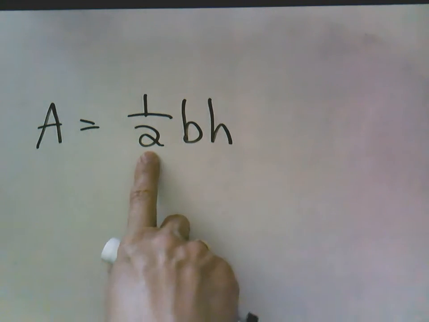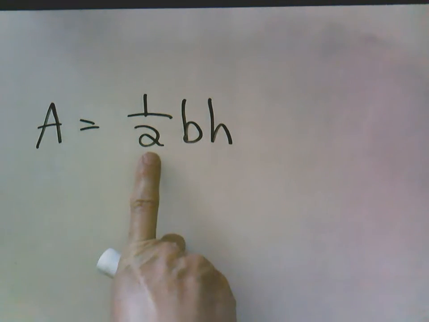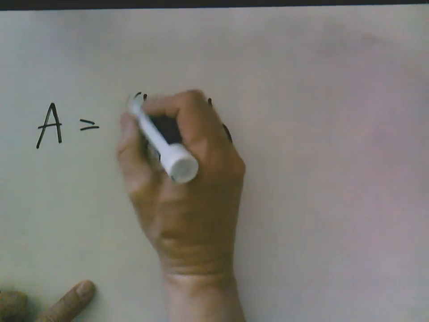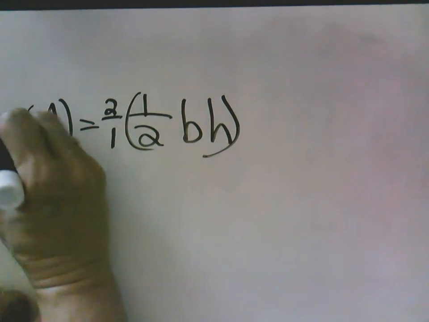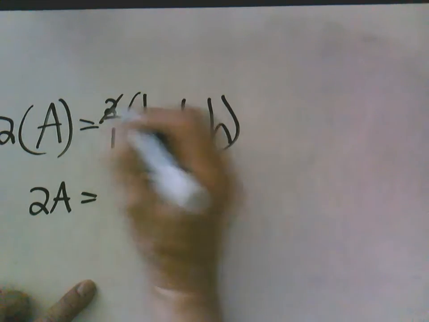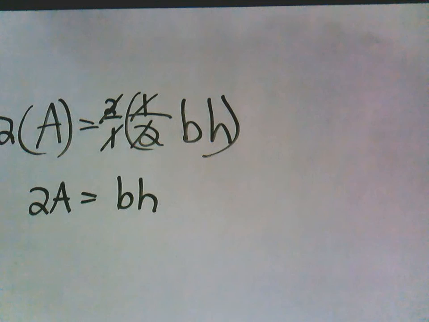We get rid of fractions by multiplying by the common denominator. In this case, there's only one denominator, 2. So I'm going to multiply this term by 2 and this term by 2. So I get 2A equals, these all cancel out, so I'm left with BH.